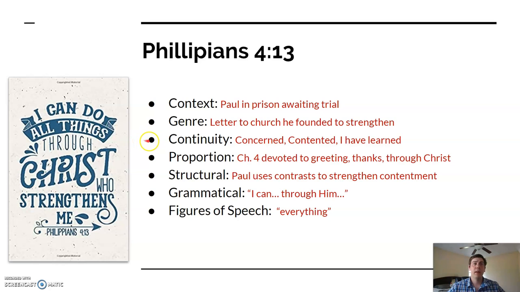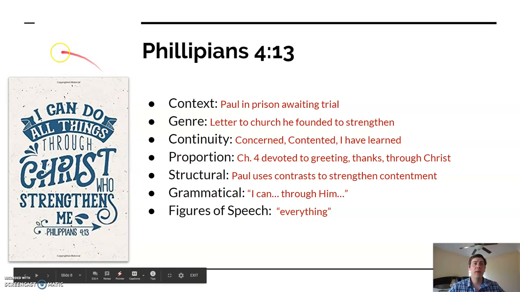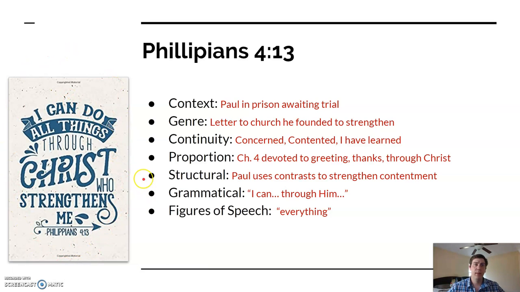So what's the continuity that we see here? The main things that we see is that he's concerned, he's content, and that he has learned, right? This is something that he has learned through experience, through time, through his own observations. Proportion.